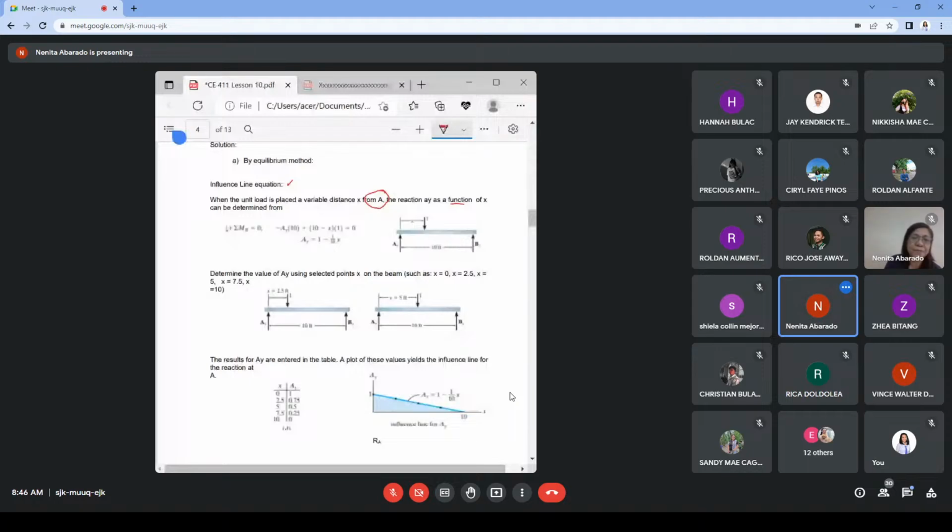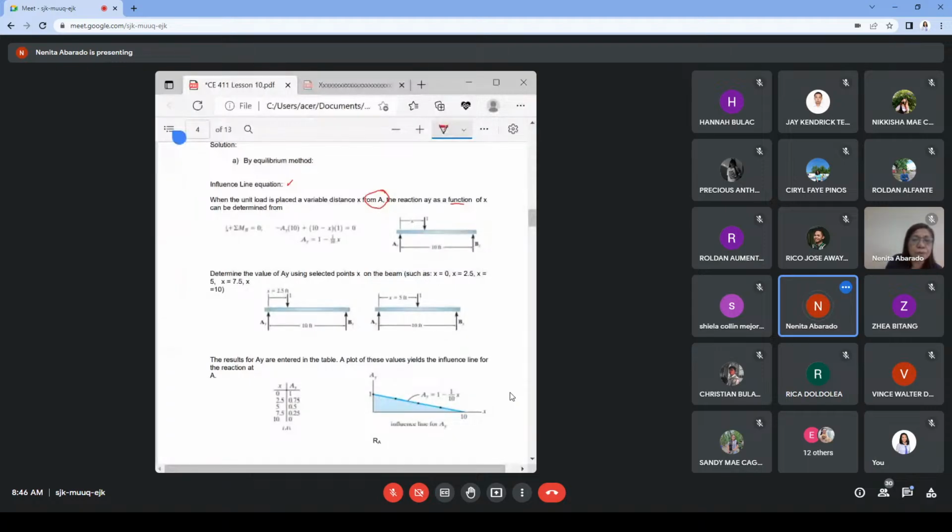So to use the equilibrium method, we are going to place one unit load. It is a moving load. Let's say this is the one unit load.